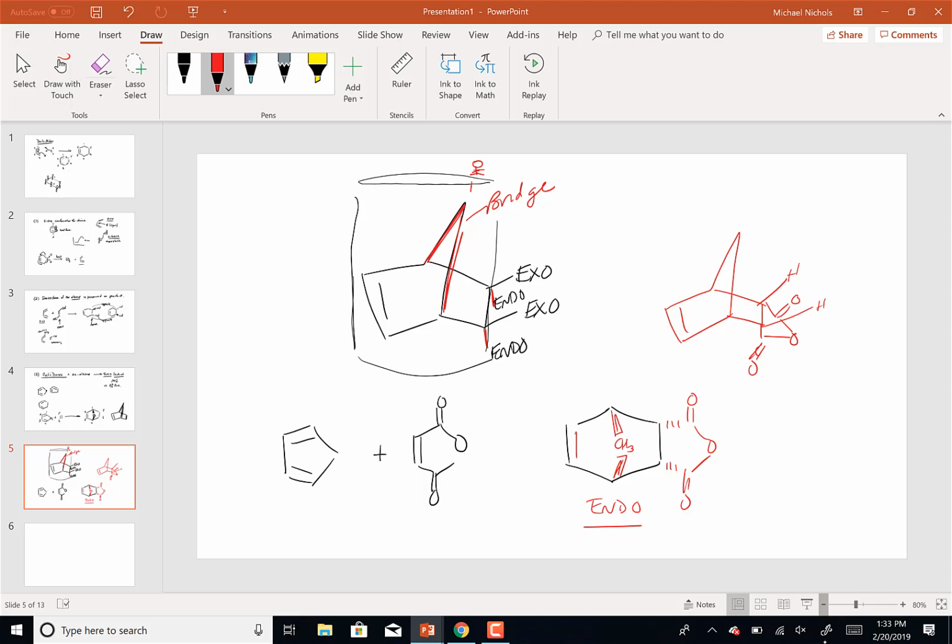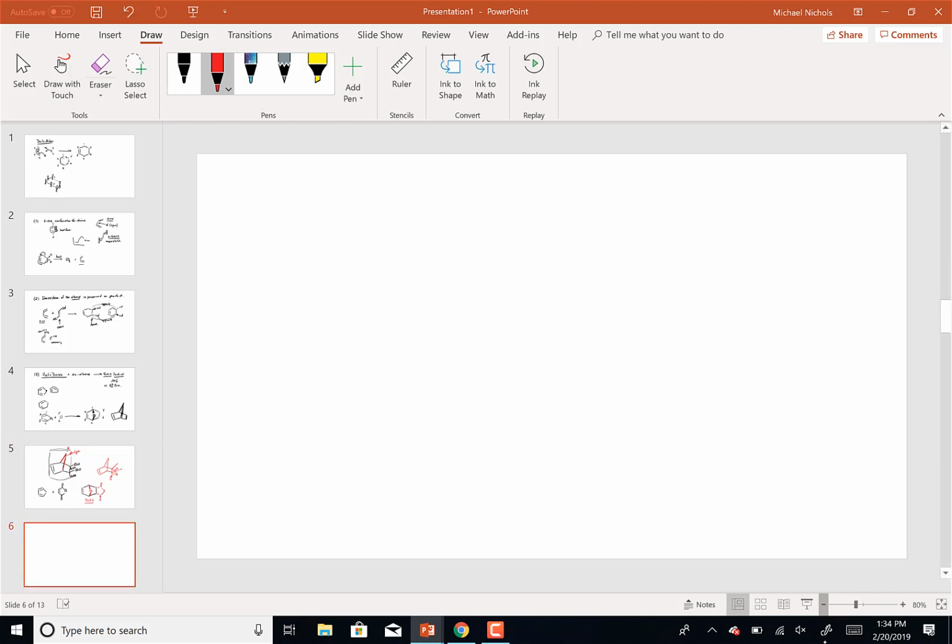Which of course leads to the question: what product do you get if the alkene's trans? Which we can do. So let's take this one. So let's do cyclohexadiene.